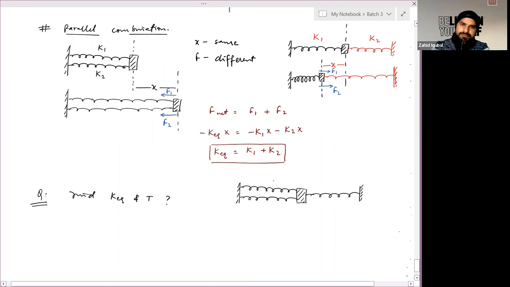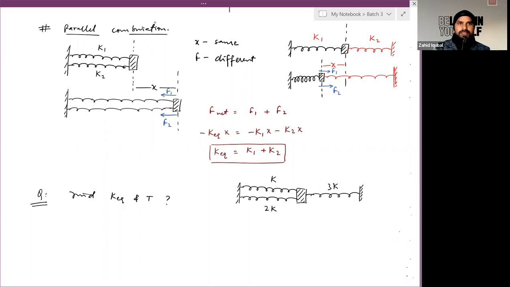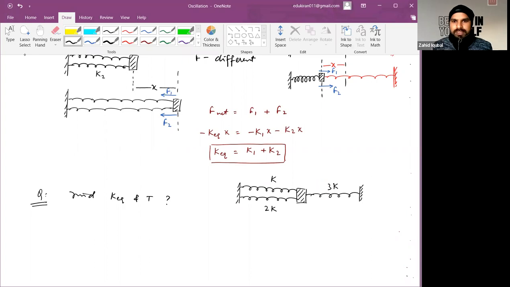Let's say this is K, this is 2K, and this is 3K. So find K equivalent for this particular part and then the time period. First, try to analyze which part of this is in series and which is in parallel. Then apply the formula according to it.